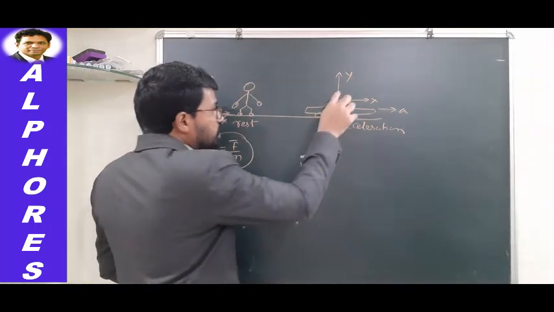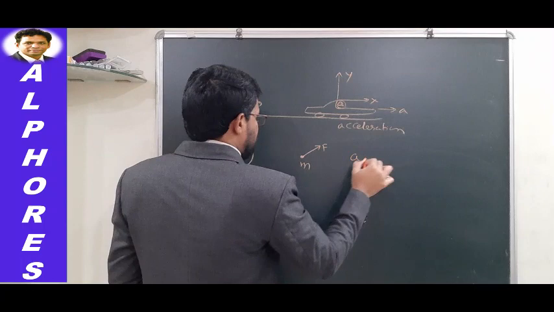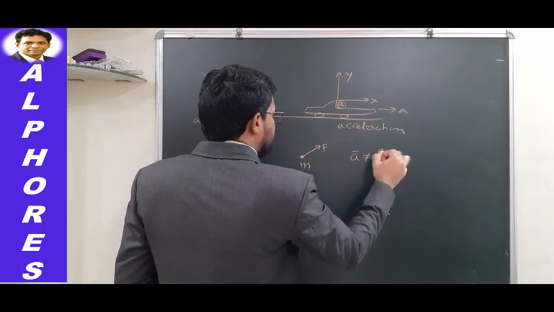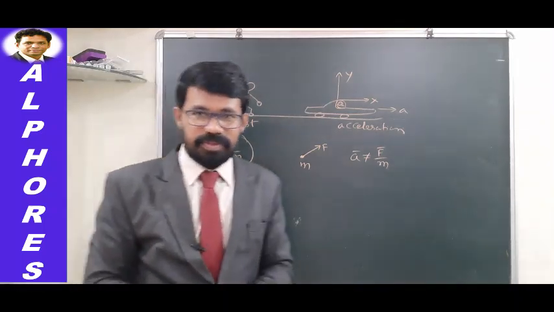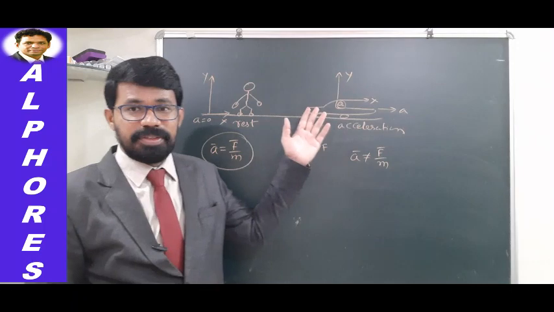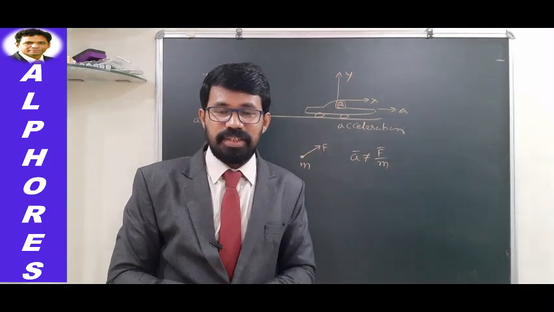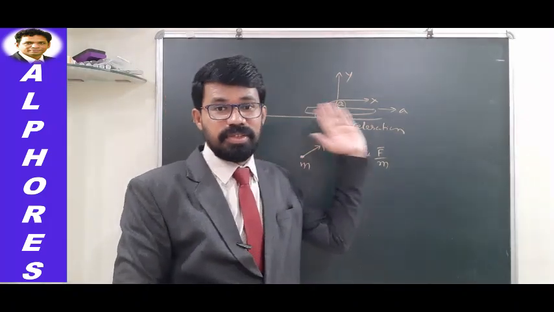But with respect to this frame of reference, or this observer, this a bar is not going to be equal to F bar by m. That's why we say that Newton's laws are not valid in a non-inertial frame of reference, that is, a frame of reference undergoing accelerated motion.